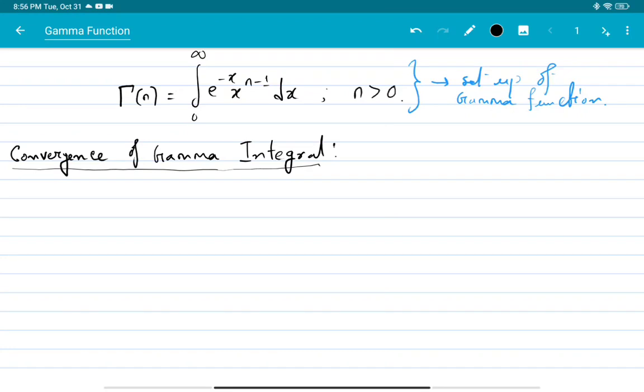As already claimed, the gamma integral is an improper integral, so before computing this integral we need to check whether this improper integral is convergent or not.